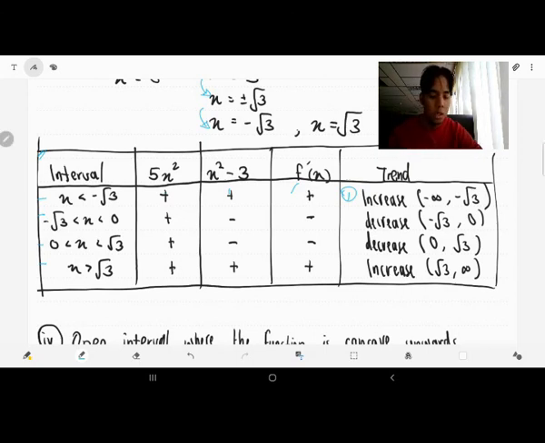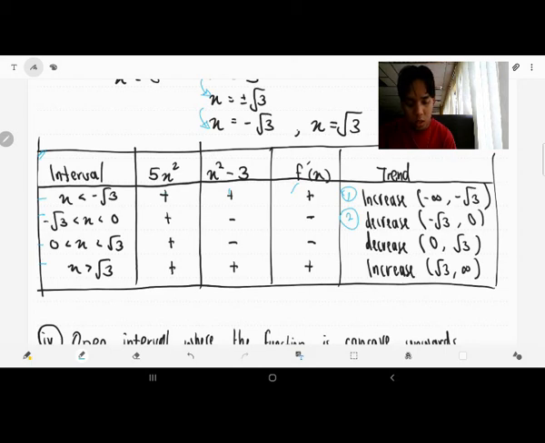Okay, next we do the table of the intervals like this one. You see the interval, f prime x, and the trend. If we substitute numbers into x, we get positive, negative, and positive. The positive ones we call an increasing interval. So the first is increasing on the interval negative infinity to negative square root 3.